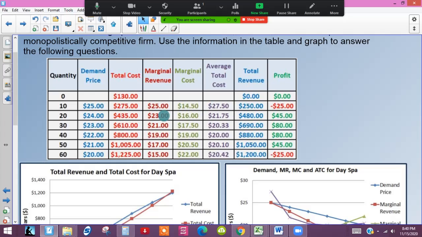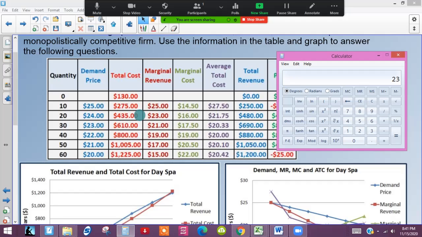Now, marginal cost is going to be done the same way. We're going to take the change in the total cost, which at 20 is going to be 435 minus 275, right?